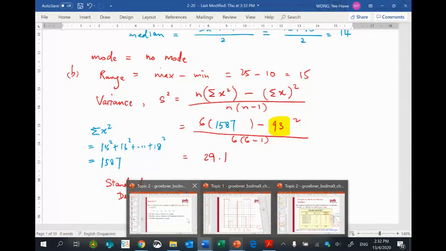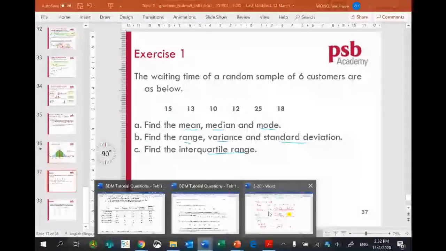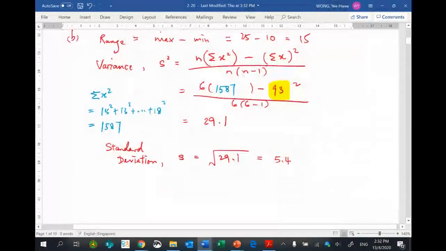Let's see the question. So we are done with the range, variance, standard deviation. Now next is interquartile range. In order to find the interquartile range, we need to find the quartiles first. So what are the quartiles? We're going to find quartiles.